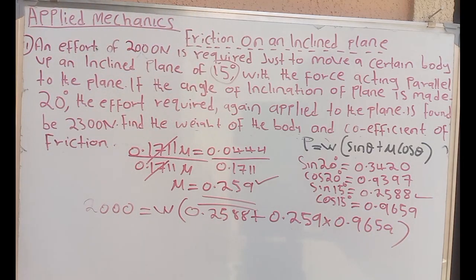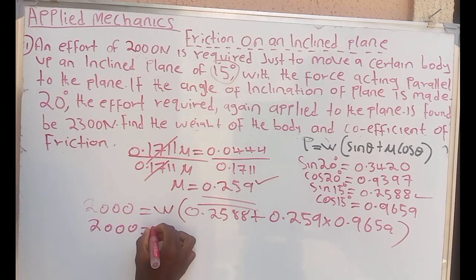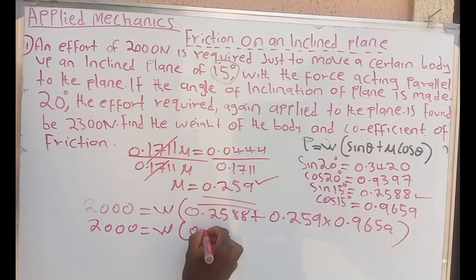So how can we end up calculating our final answer? We all know that this is just a substitution. 2000 is equal to the weight times 0.2588 plus 0.259 multiplied by 0.9659, which gives 0.2509.